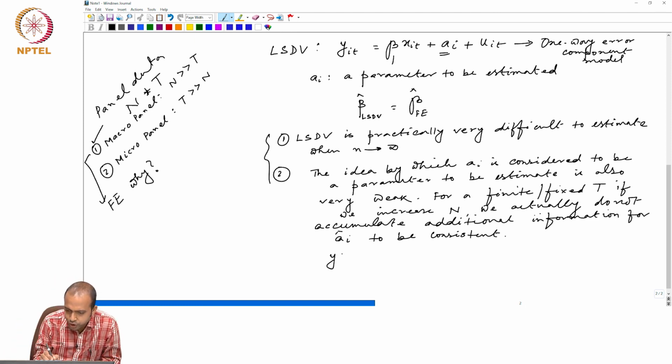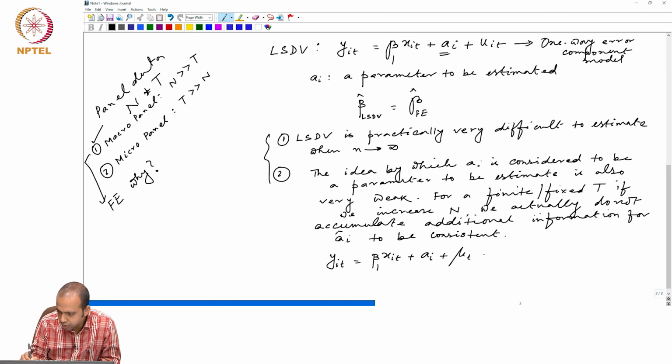So, what would be the two-way error component model? Y_it equals beta_1 X_it plus a_i plus, let us say, mu_t plus u_it. This a_i is called the individual specific unobserved effect, and mu_t is called the time specific unobserved effect.